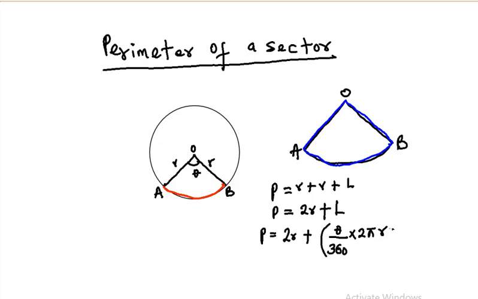Yes, so this gives us the length of the arc. So altogether, the formula for the perimeter of a sector is P equals 2r plus theta over 360 times 2 pi r. So let's look at a few questions that we can solve to help us understand this properly.